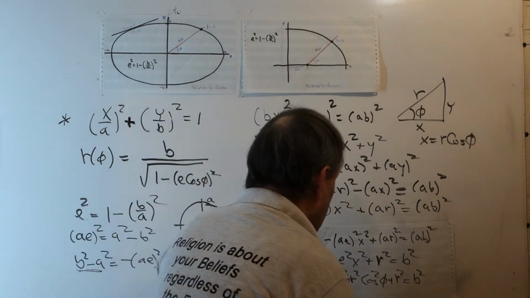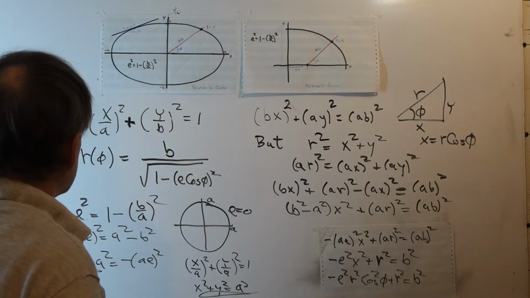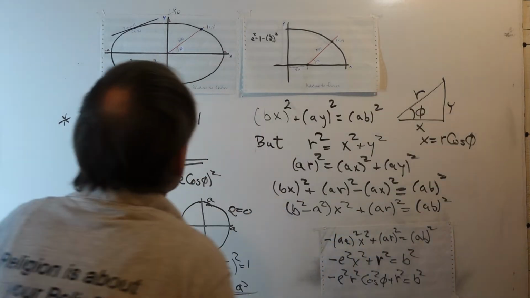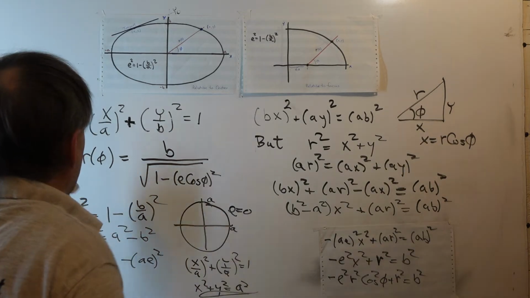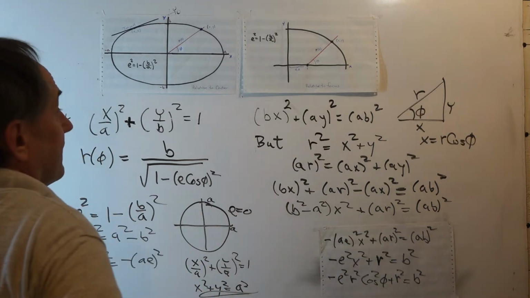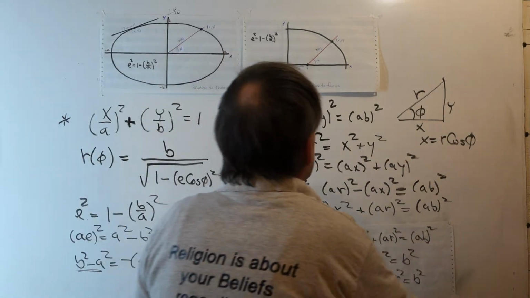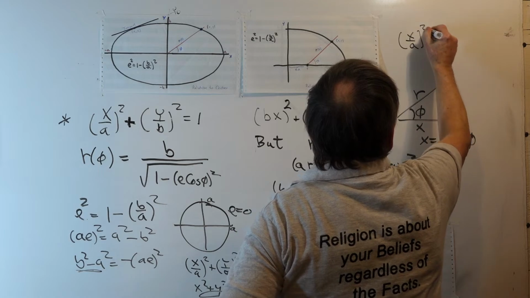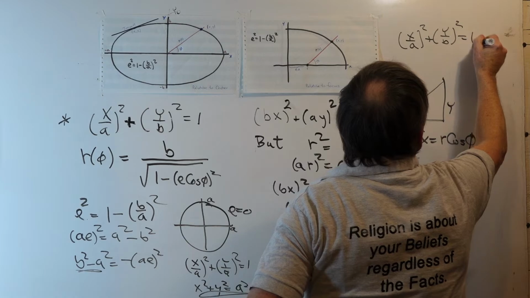Now we have an r squared in these two terms on the left, so we can combine those. Let's write this equation that we start out with as x squared over a squared plus y squared over b squared equals 1.